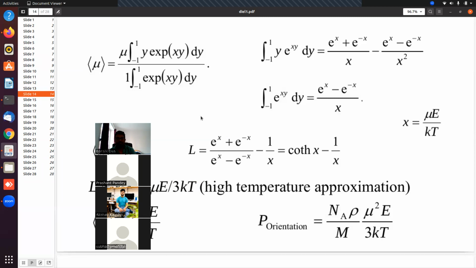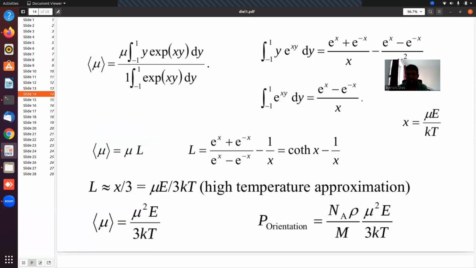So this polarization contains all the parts: this electronic displacement plus this orientation. We have to think about where this polarization comes from: electron displacement plus reorientation of the molecule.